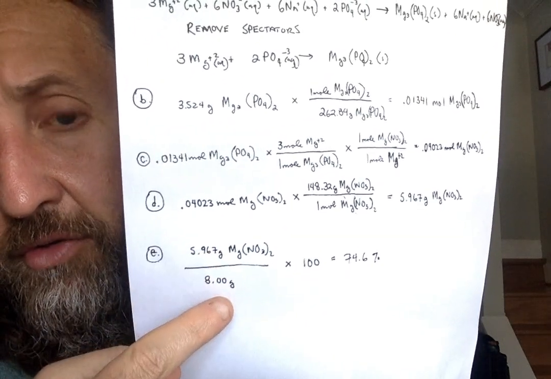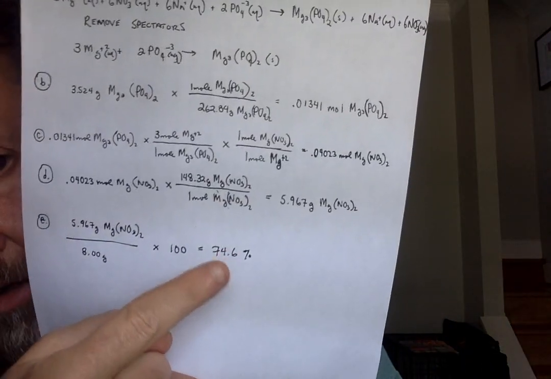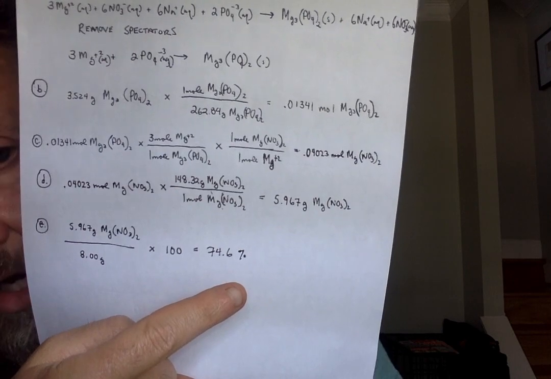So I got 4 here, 3 here. You always go with the lesser number, so you keep your 3 and multiply by 100 to get the percentage, and it is 74.6%. And that's not a bad problem. We can handle problems like that.